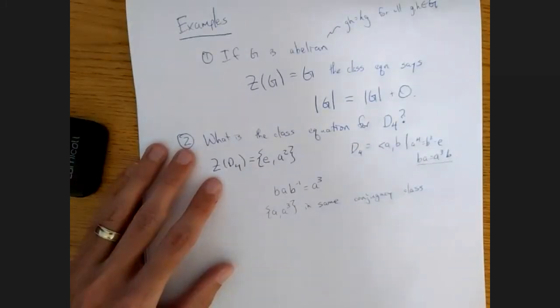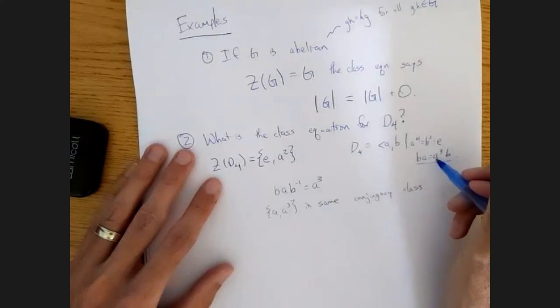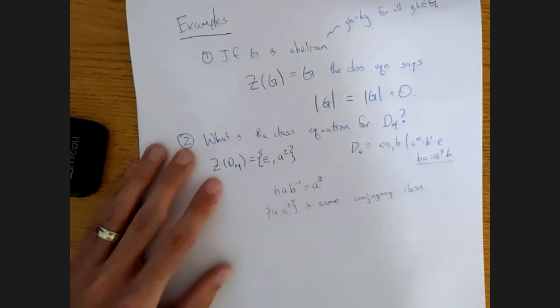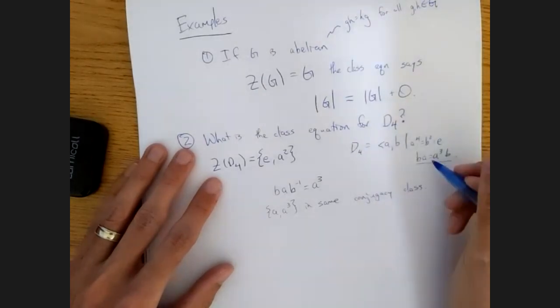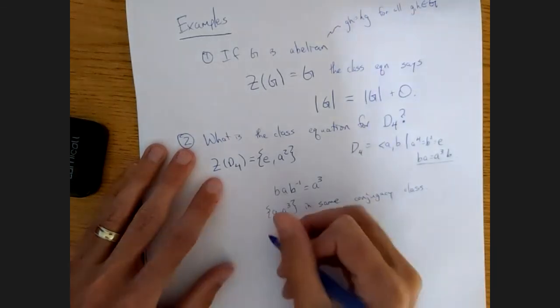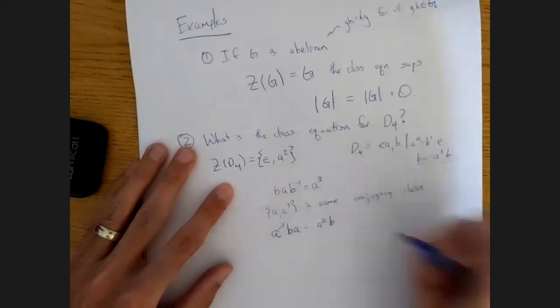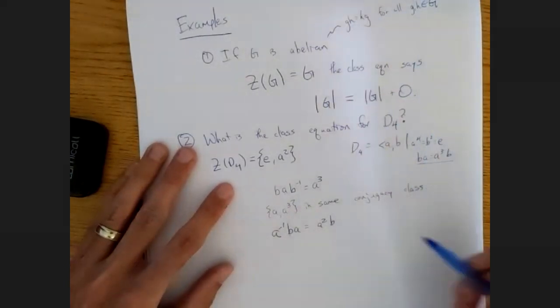You can also rearrange this to show that, let's see, you can go A inverse BA equals A squared B. That tells you that B and A squared B are in the same conjugacy class.